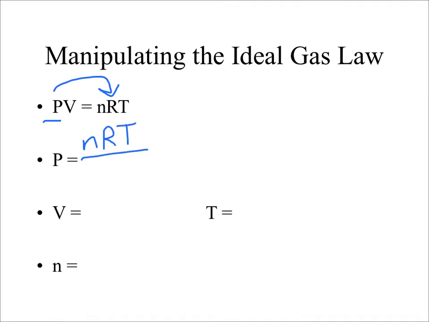Take what's with pressure and put it on the bottom, V. If I want to try it for another unit, say T, underline my T. What's opposite my temperature? PV. That goes on the top. What's with my temperature? nR. That goes on the bottom. I'll give you a chance to try volume and number of moles on your own. We would never solve for R because that's a constant.